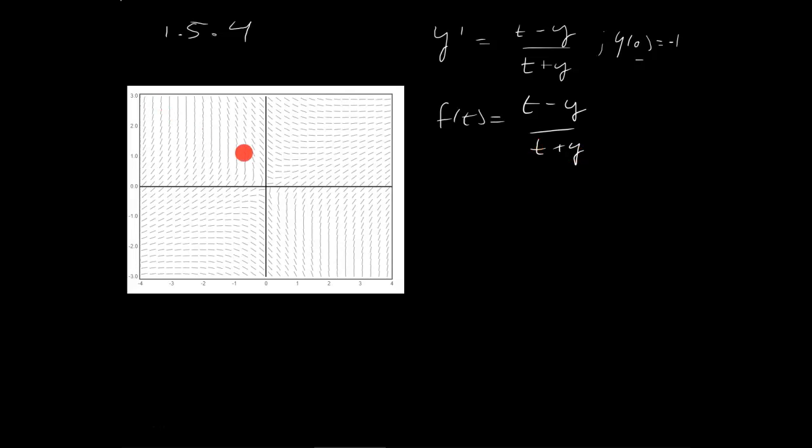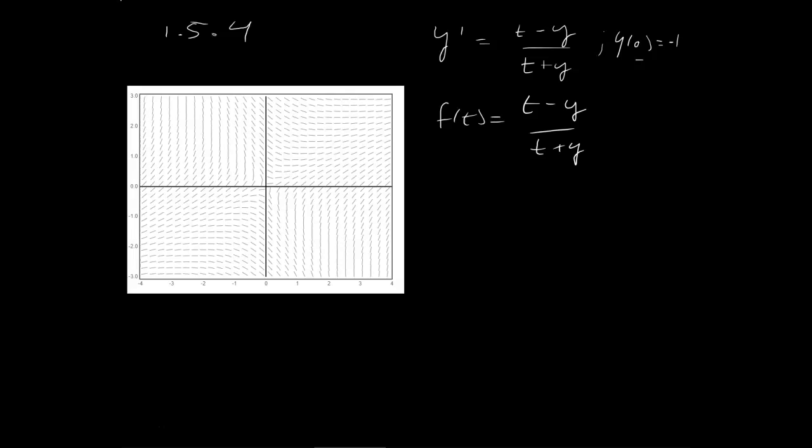Or in other words, in the picture, I just drew the slope field. Along this line, y equals negative t, we see that the slopes are approaching the vertical, and so in fact you have these undefined slopes along here. So what this is saying is, as long as we're not touching this section, we'll be okay, or at least there will be a solution.